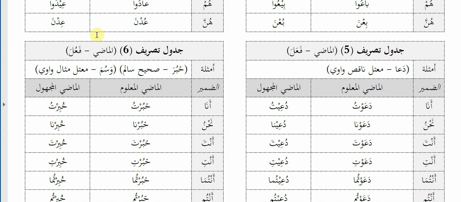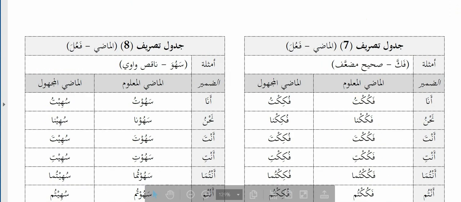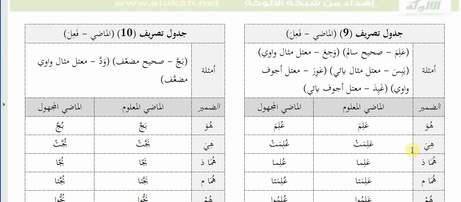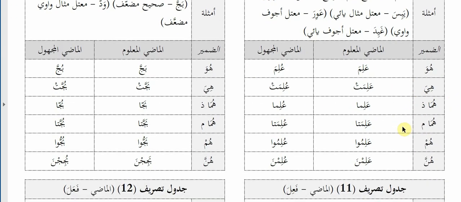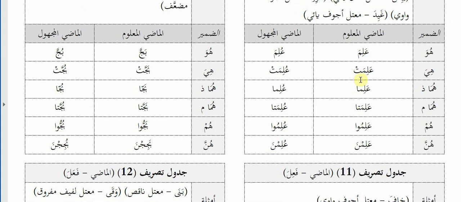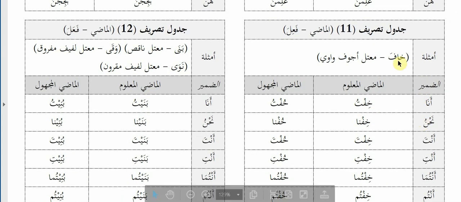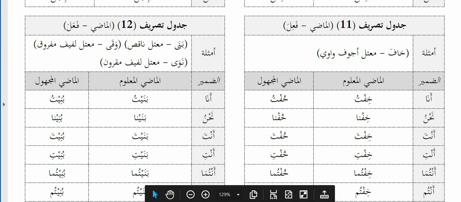Now all these are different three-letter roots and how they change when they're attached to the pronoun. You see there is a pattern for these, so don't be overwhelmed with this. You see it's all these same letters attached to the verb. This is all in the past tense and how these behave.